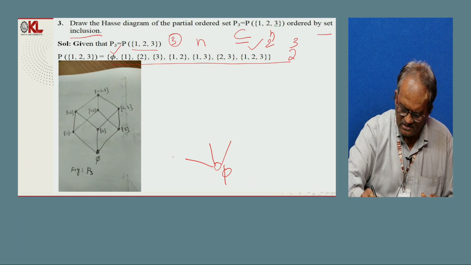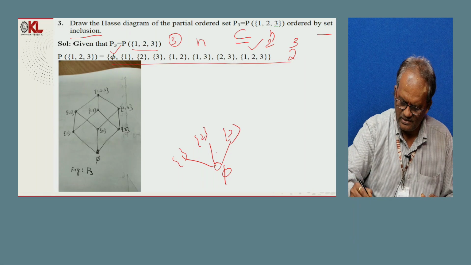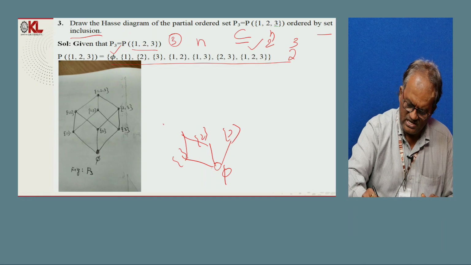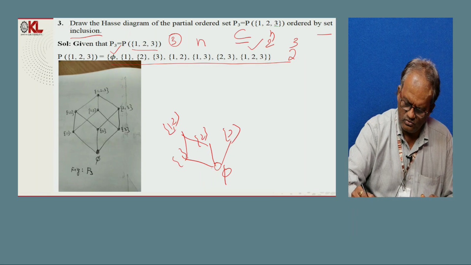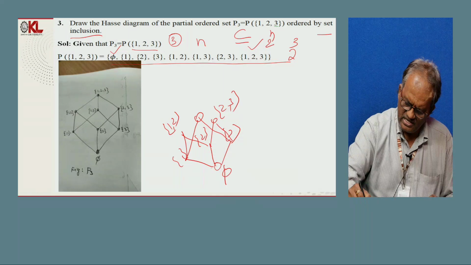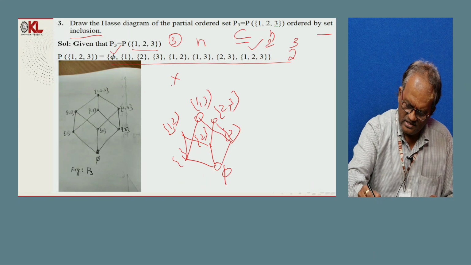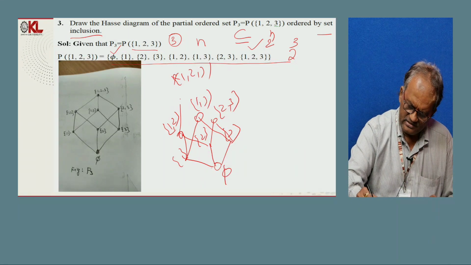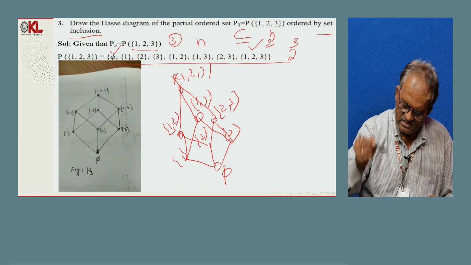The empty set is a subset of singleton {1}, {2}, {3}. Singleton {1} and {2} are subsets of {1, 2}, {2, 3} is a subset of the {2, 3} set, and {1, 3} is a subset of the {1, 3} set individually. So all of this total set is the big set {1, 2, 3}, and these are subsets of it.